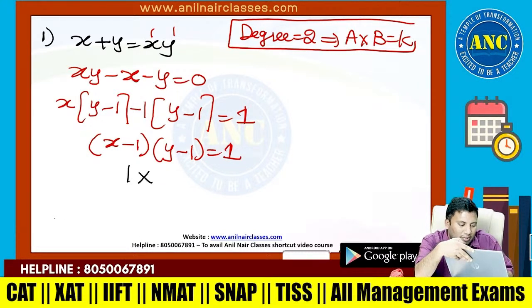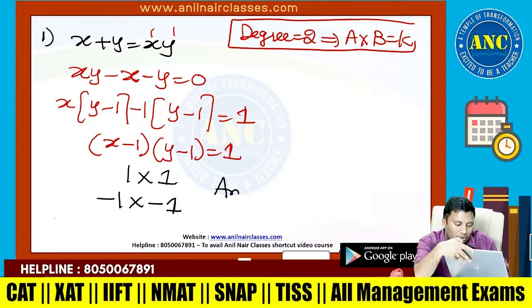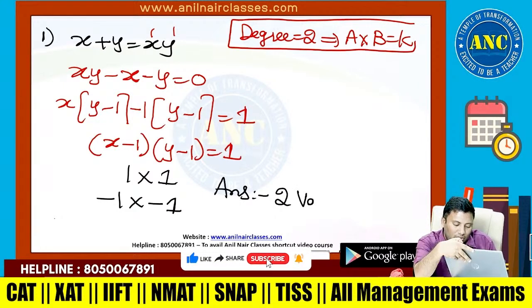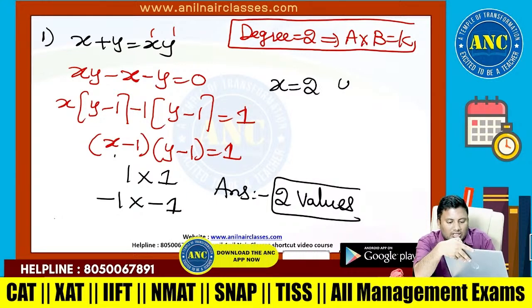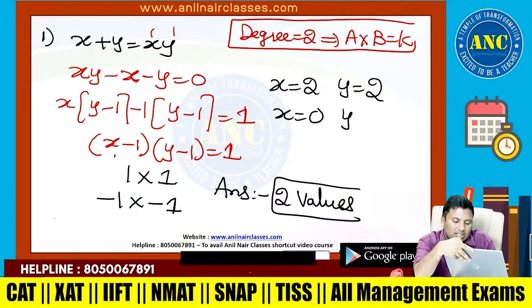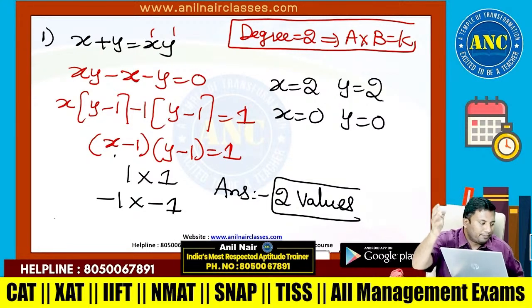This 1 can be written as a product of 2 integers as minus 1 into minus 1, or 1 into 1. The answer for this question is, there are 2 values x comma y will take. What are those values? X minus 1 is 1, so x is 2, y is 2. Second case, x is 0, y is 0.